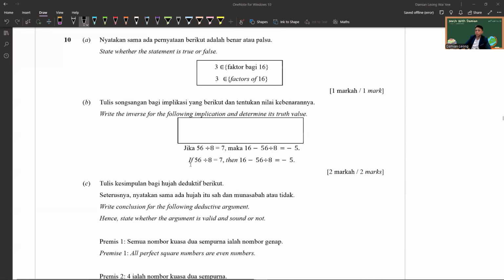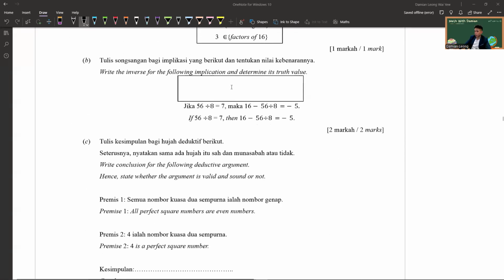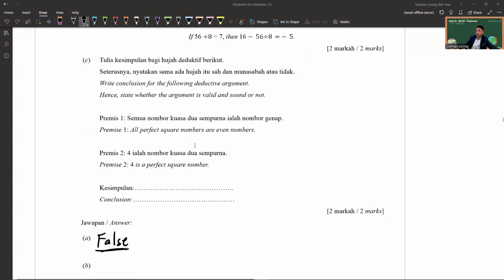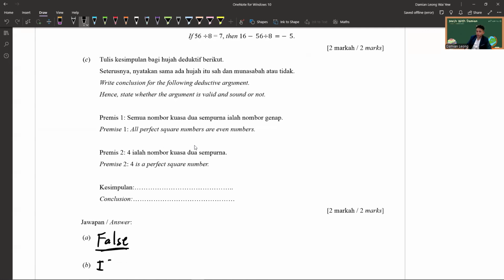Then for B, write the inverse for the implication and determine the truth value. So if 56 divided by 8 equals 7, then 16 minus 56 divided by 8 equals negative 5. So I want the inverse, means I negate the statements.